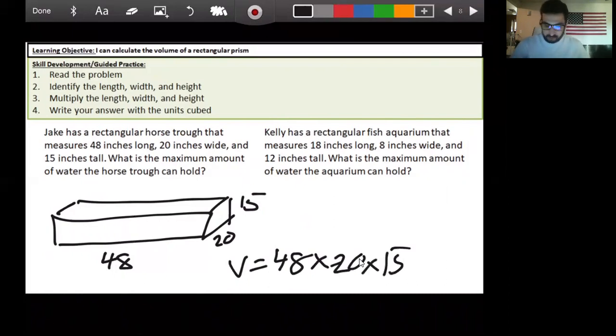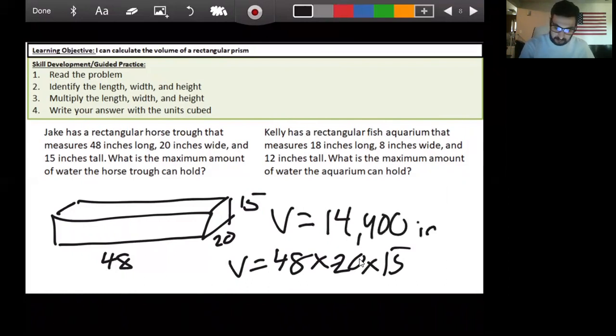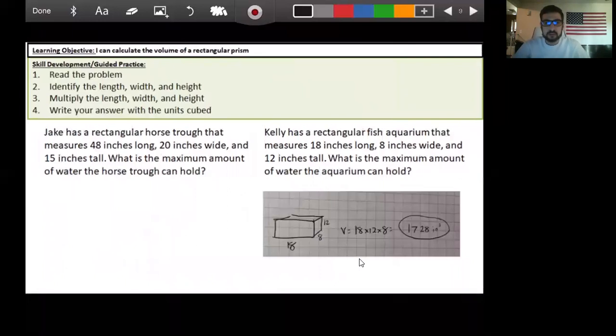So in my calculator, I'm going to do 48 times 20 times 15, and I'm going to get my volume is equal to 14,400 inches cubed. This is the maximum amount of water it can hold. It's the amount of water that can go inside of this. Go ahead and pause your video, work on the one on the right. You should have got 1,728 inches cubed.